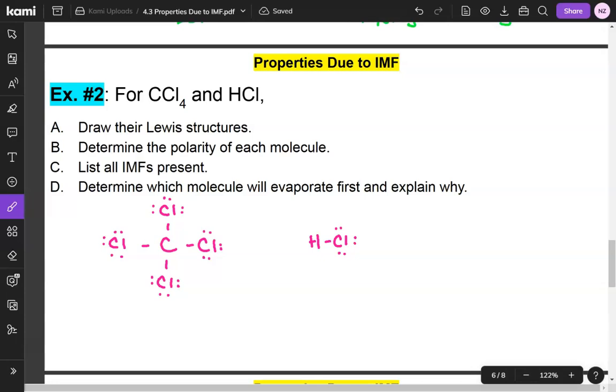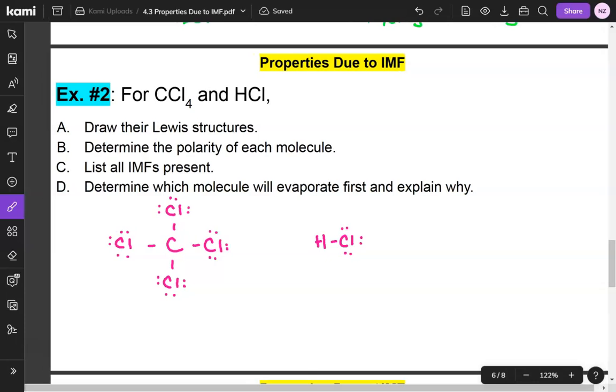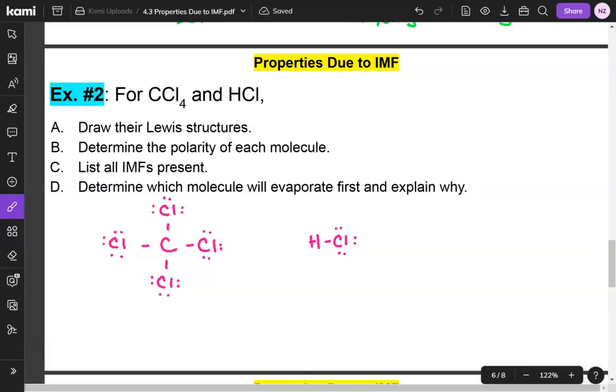All right. Let's go through and look at each molecule and determine polarity now. So for our first molecule, we have everything attached to the central atom being the same. It is nonpolar. HCl, we have 2 different atoms that are attached, therefore it is going to be polar. All right, intermolecular forces.